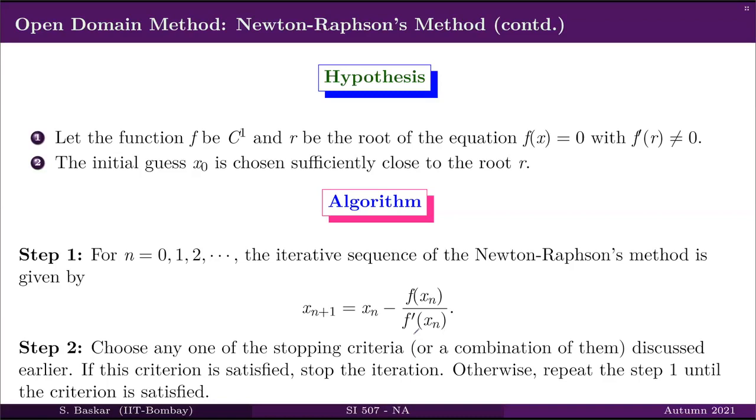The same stopping criteria will hold for any method that we will be discussing in this chapter. If the stopping criteria is satisfied, then we will stop the iteration. Well, this is especially important when you are implementing the method on a computer. If the stopping criteria is not satisfied, then you will keep on generating the terms of the sequence until you achieve the stopping criteria. So that is the algorithm for Newton-Raphson method.